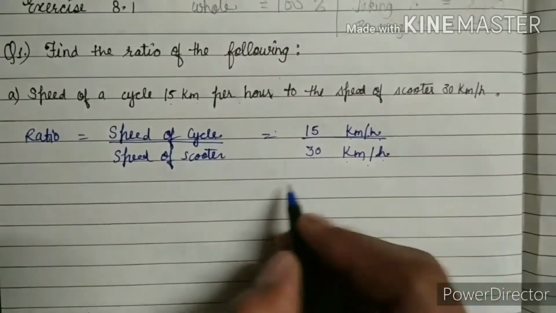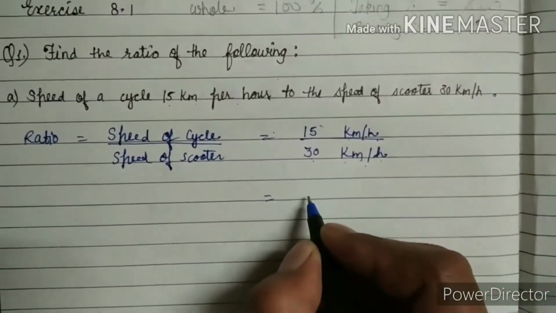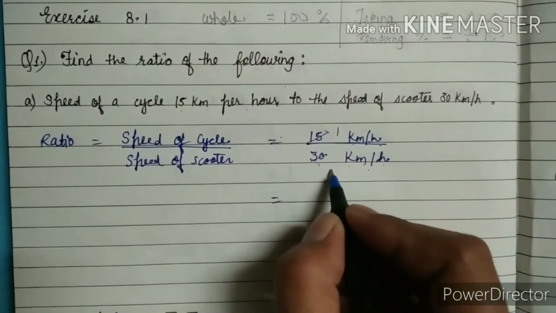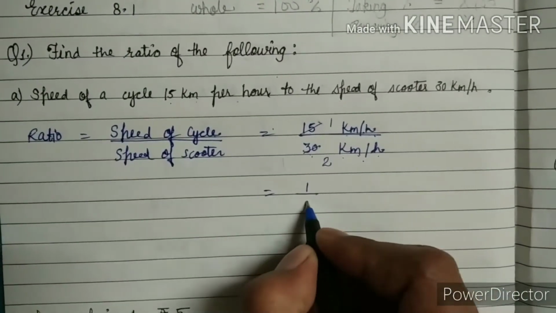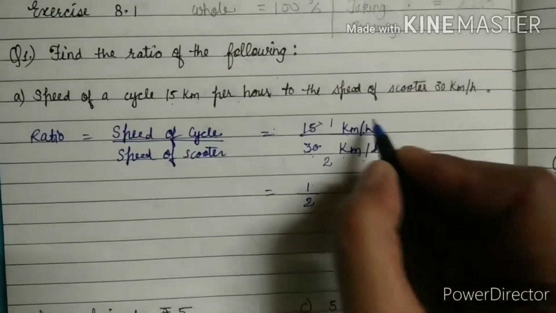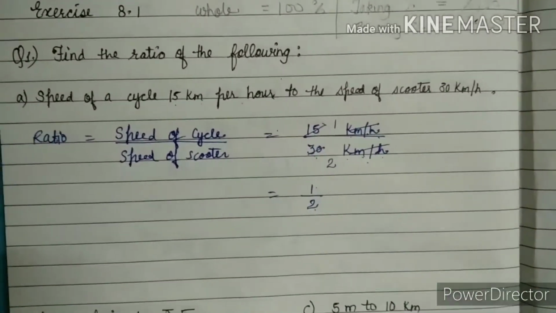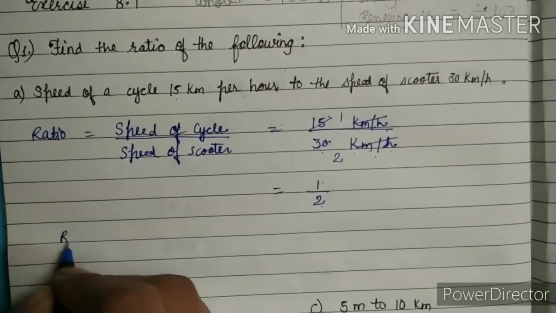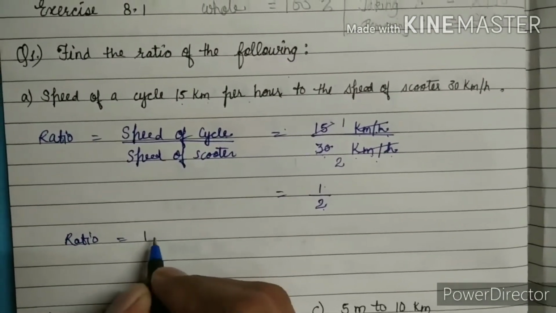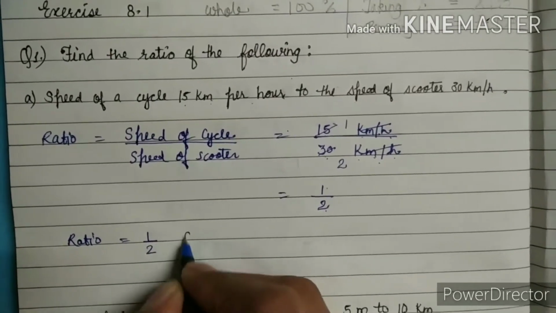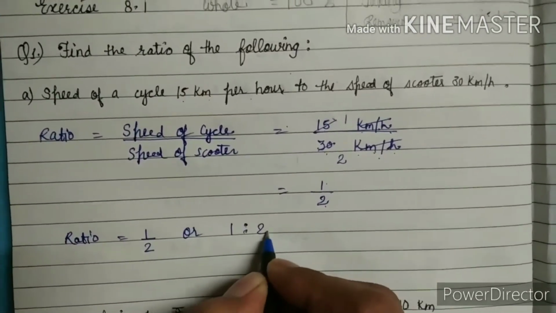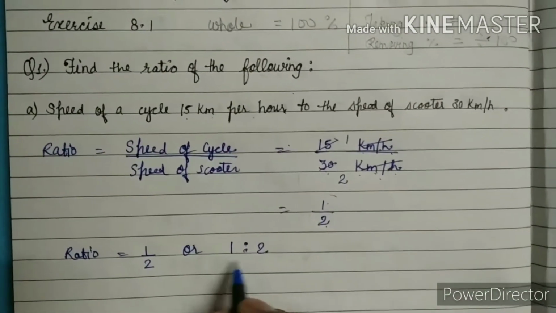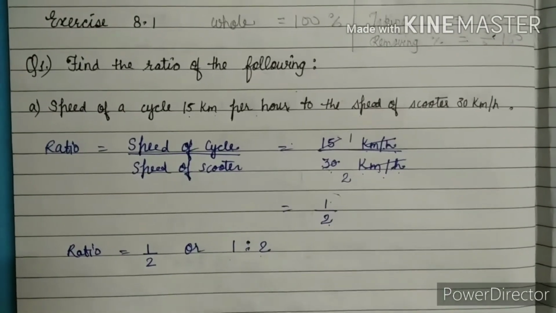We can reduce 15 and 30 to each other. 15 1s are 15, 15 2s are 30. So it will become 1 by 2. Kilometer per hour we also cut. Now we can say ratio will come 1 by 2 or 1 ratio 2, because 1 by 2 is in the form of fraction and 1 ratio 2 is the main answer of the question.